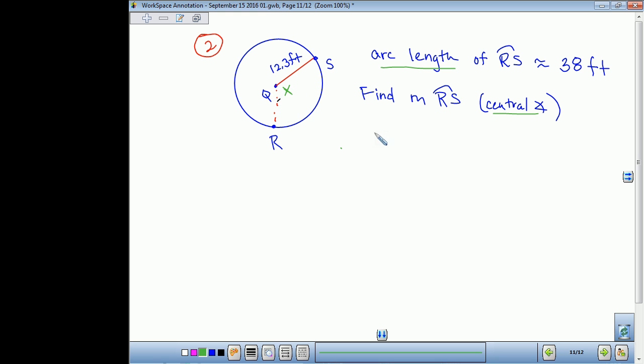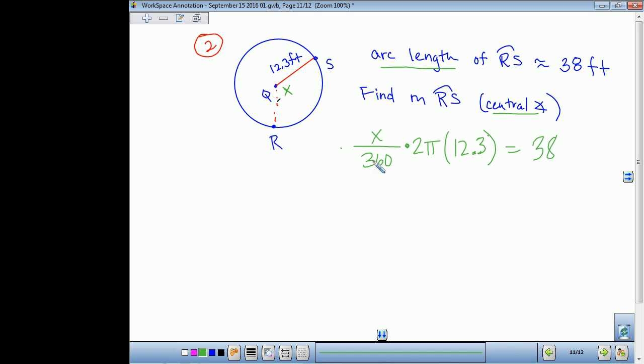So, degrees over 360 times 2 pi r, which in this case they give me, 12.3, is equal to the arc length, which they tell me is 38. So there's an equation. I only have one variable.